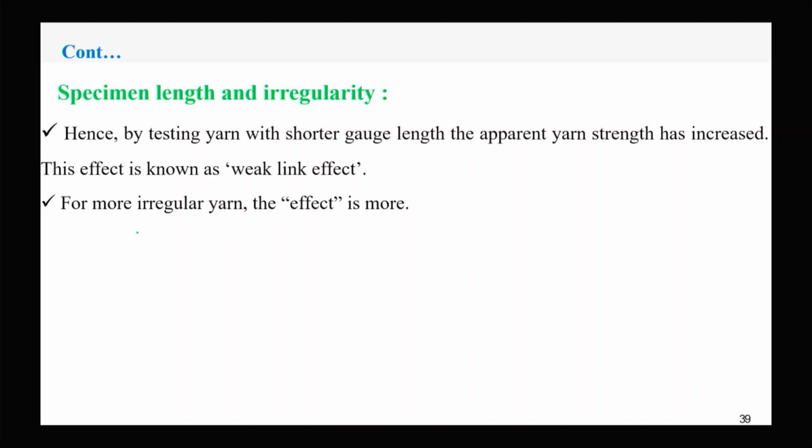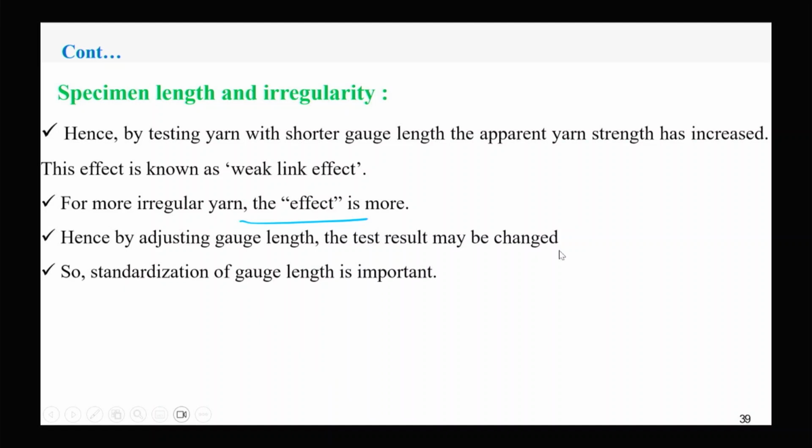So for more irregular yarn, the effect is more. Hence by adjusting the gauge length, the test result may be changed. So standardization of gauge length is important.